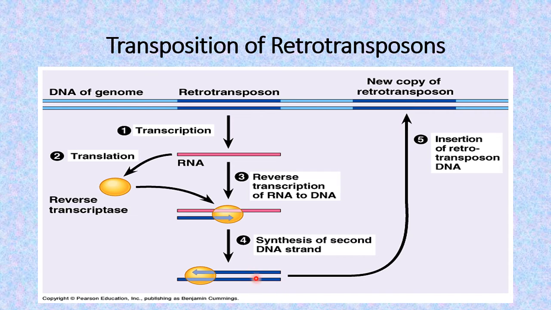Now we have the double stranded DNA molecule of the retrotransposon part. This DNA inserts at the new site or the target site, and thus transposition takes place. So we say that in case of retrotransposons, it is a copy paste mechanism via the formation of RNA, and it involves transcription as well as reverse transcription steps.